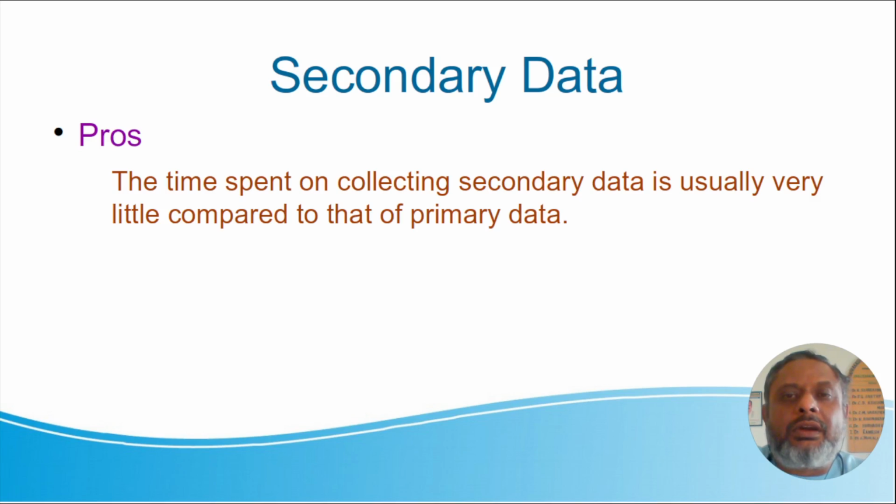We need to create our own strategy to collect the data and then work on making the data usable, make it clean, and all those activities are to be taken up by ourselves. So it's going to be highly time consuming if we wish to have our own primary data. But if it is secondary data, very little time is required, just a matter of getting permission and transferring data from their institute to our institute.